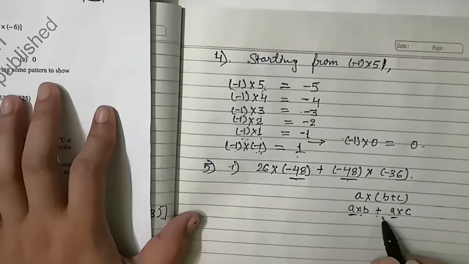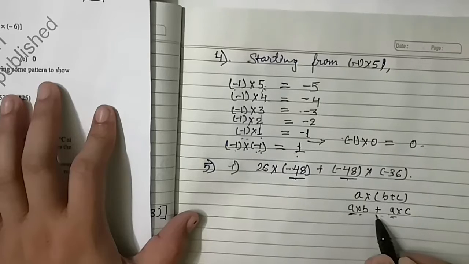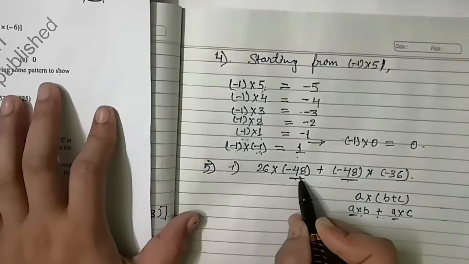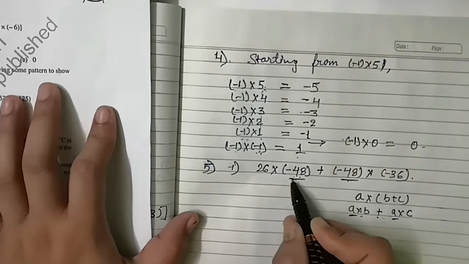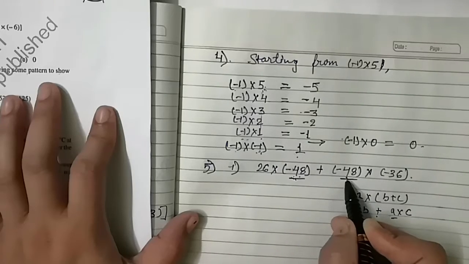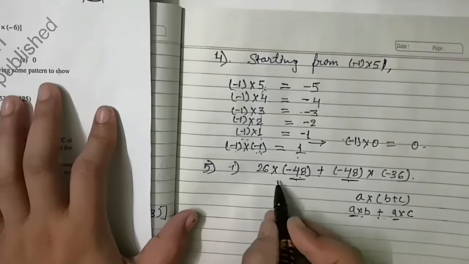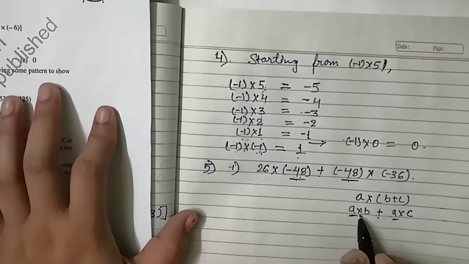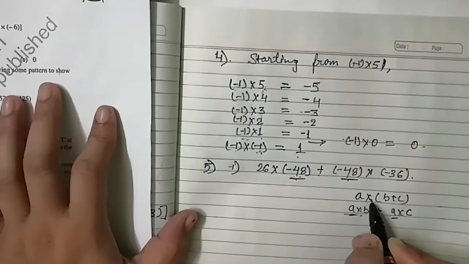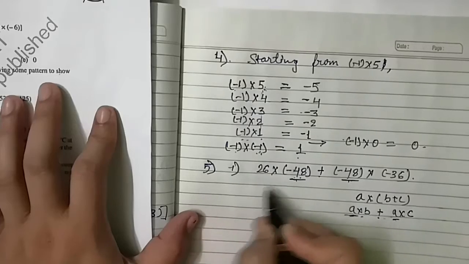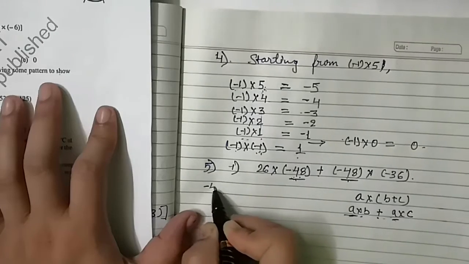A is common here, and plus is also given here. Minus 48 is common, and plus is also given. So we will convert this form into this form. We will take minus 48 common.